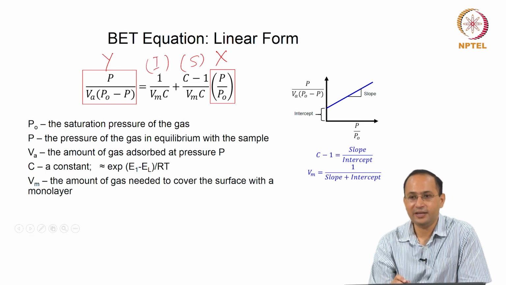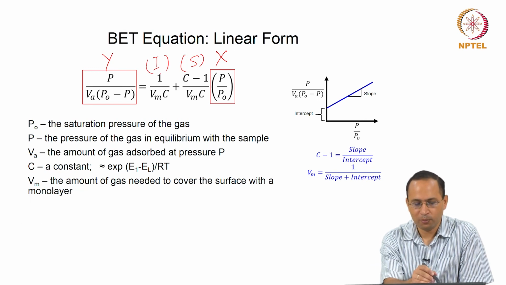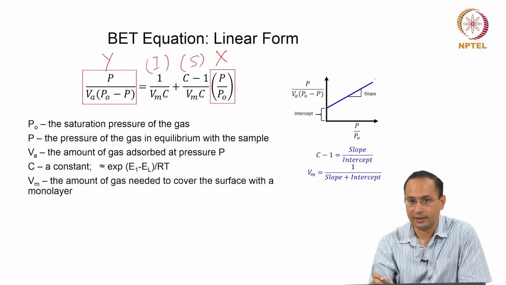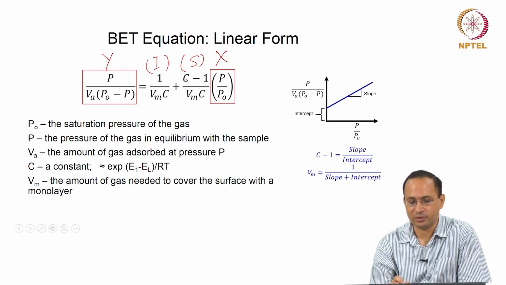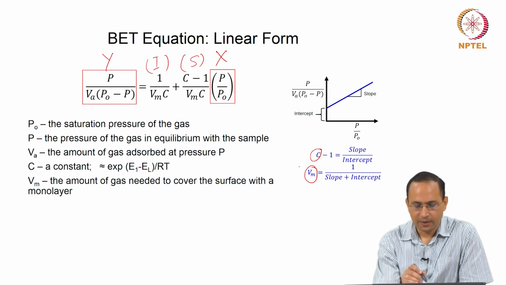This is the linear form, y equals Sx plus I. When you plot y versus x, you will find this straight line, and where it meets the y axis, that is the intercept, and the slope will give you C minus 1 over Vm C. So, if you know these, you can easily calculate the constant C, and also Vm. Is it clear? Yesterday we discussed that, right.